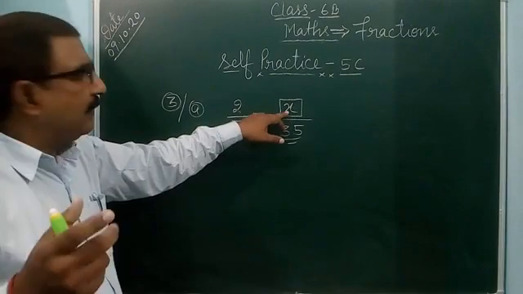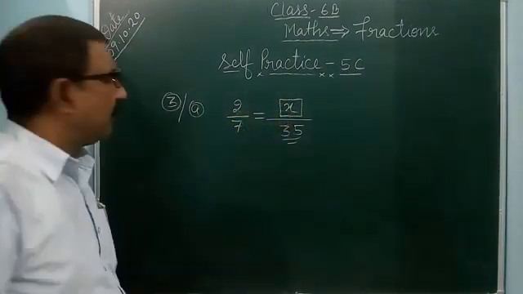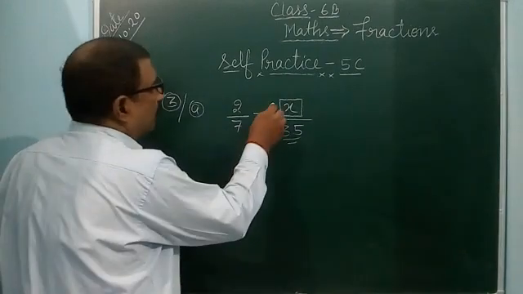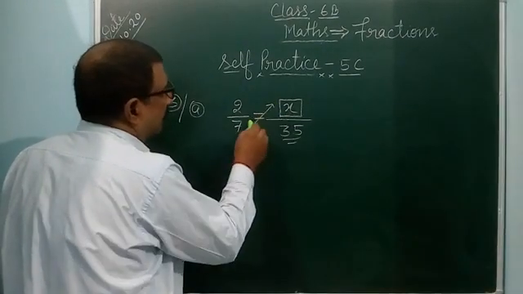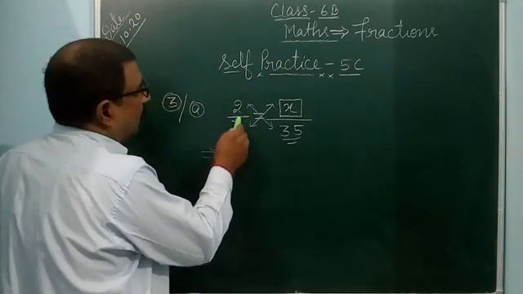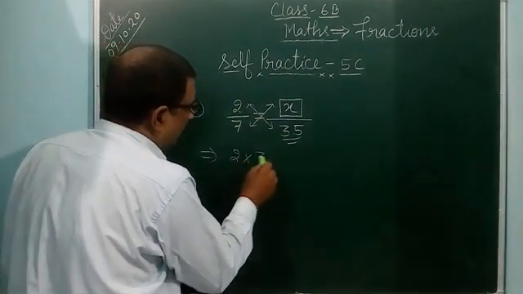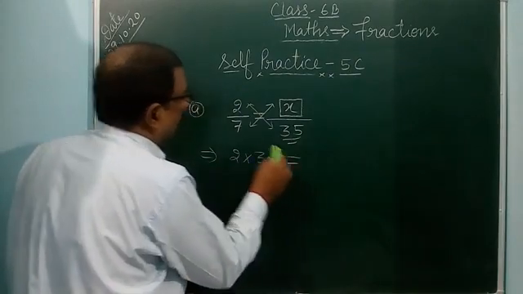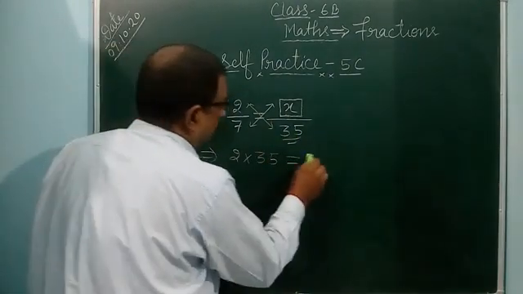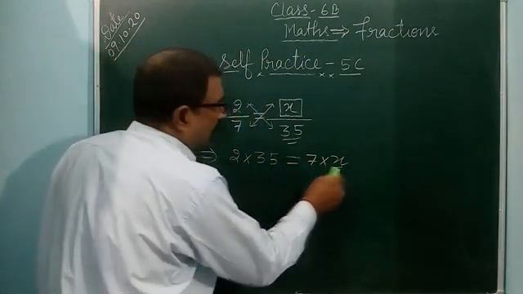It means you have no idea which number will come as the numerator. So in this way you can take cross multiplication. It means 2 multiplied by 35 is equal to 7 multiplied by x. In this way, you can find out x.